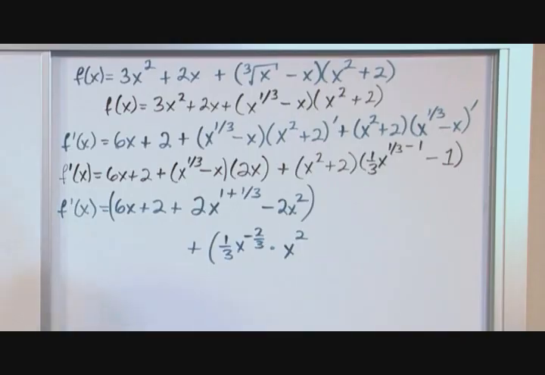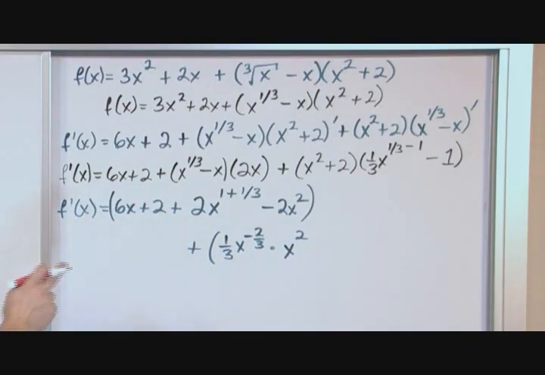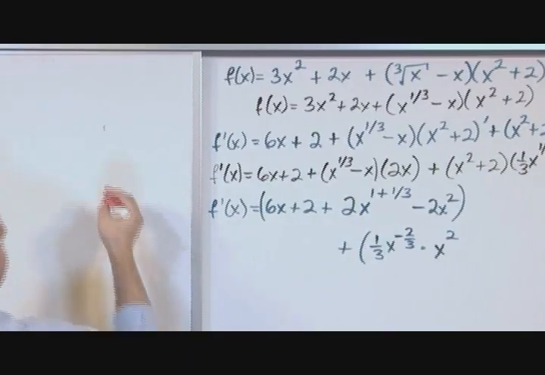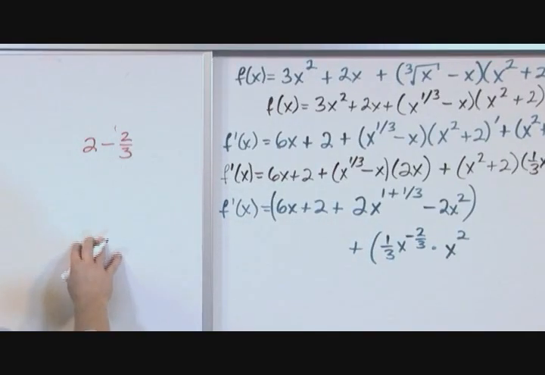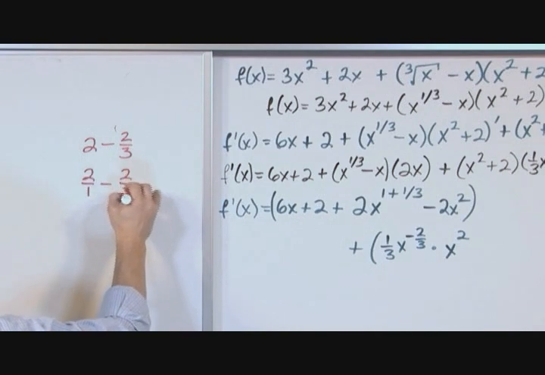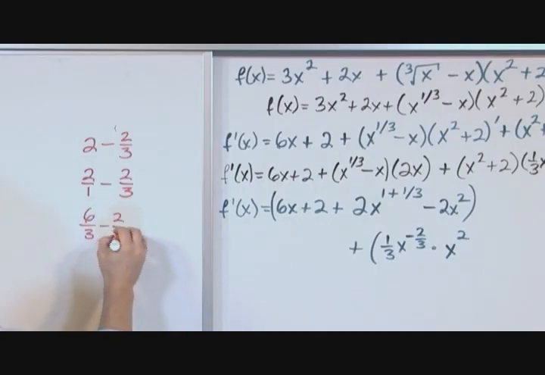Now, in order to keep myself sane here and to keep the board manageable, I'm going to go ahead and do this right now on a sort of a sideboard here. So what I have here is adding these exponents, 2 plus a negative 2/3, which is the same as 2 minus 2/3. So basically, I want to add these guys together, so I'm going to have 2 over 1 minus 2/3. All right, so to make this a common denominator, multiply by 3, so it's going to be 6/3 minus 2/3, which equals 6 minus 2 is 4/3.